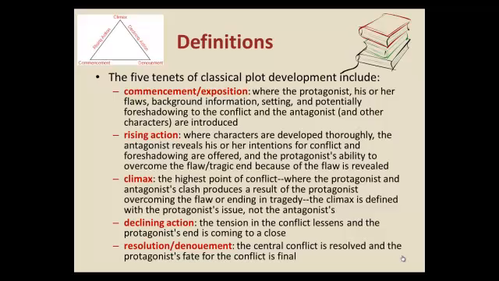If it's tragedy, it's going to be a tragic flaw. If it's comedy, it's often just going to be a flaw, or sometimes it's not. In more modern works, it's not always a case of this flaw of the protagonist, but just an issue that the protagonist faces.